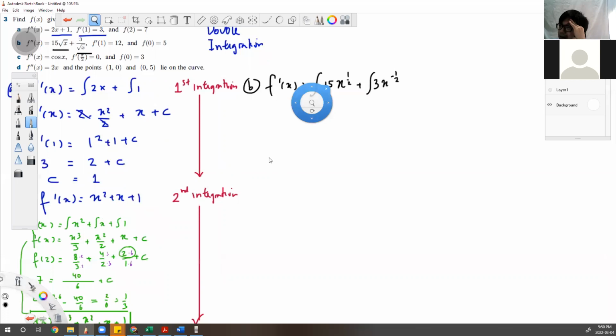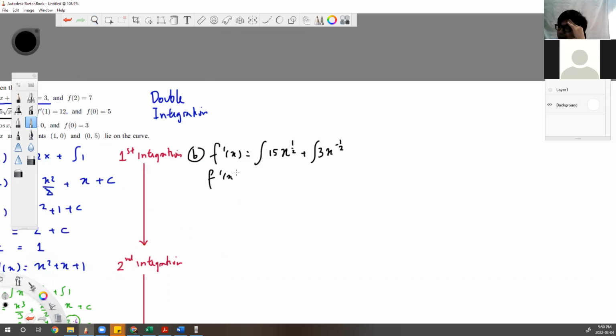And then f'(x) equals 15 times 2 over 3, x power 3 over 2. How am I so fast? Because we already did this, by the way, right? x power half becomes 1 over 3 over 2 times x power 3 over 2. So 2 over 3 times x power 3 over 2. Just put it like that.